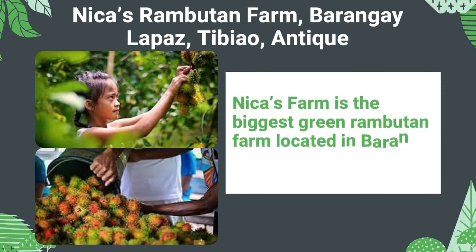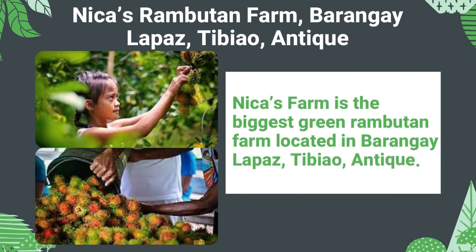Next is Nicas Rambutan Farm in Barangay La Paz, Tibiao, Antique. Nicas Farm is the biggest green rambutan farm located in Barangay La Paz, Tibiao, Antique. The farm was named after the youngest daughter of the owner.